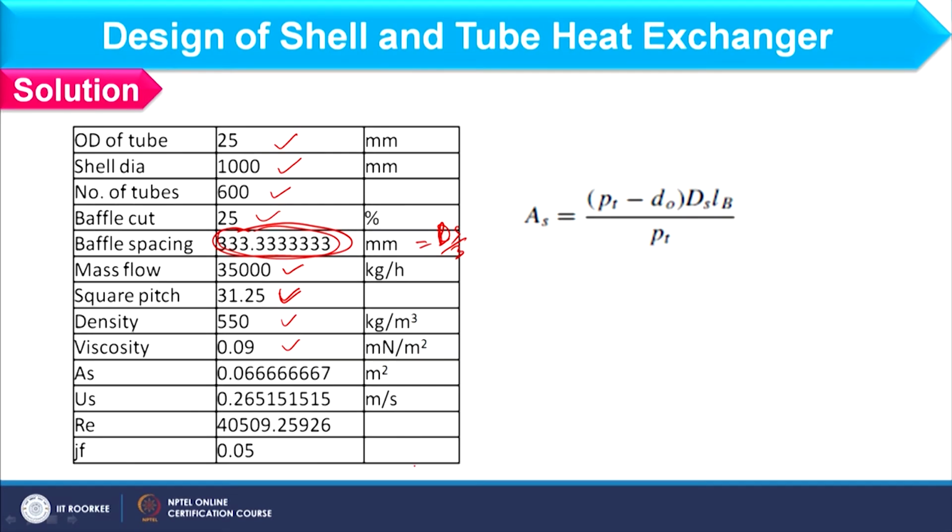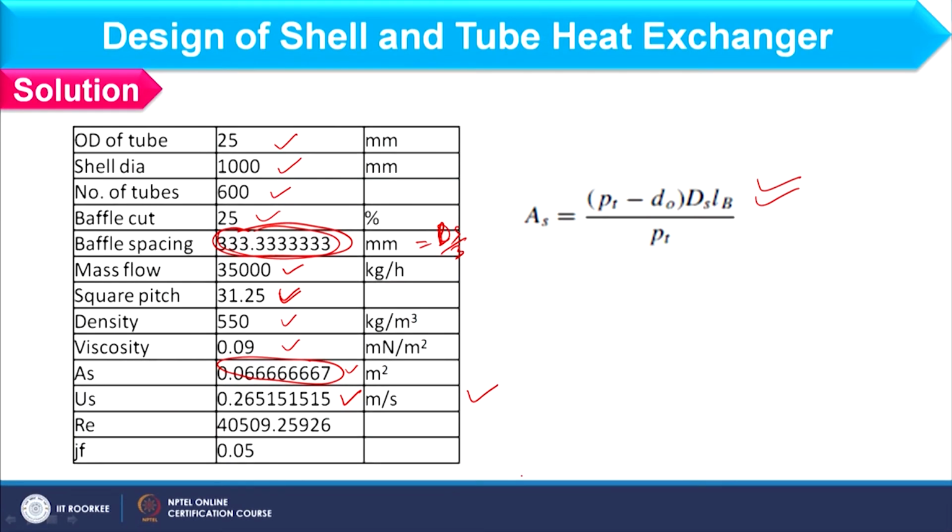And here we have all expression to calculate AS, and AS you can find out using this expression, and value of AS you can consider as 0.0667 meter square, and in the similar line we can find out shell side velocity at bundle equator, which comes out as 0.26515 meter per second, right.